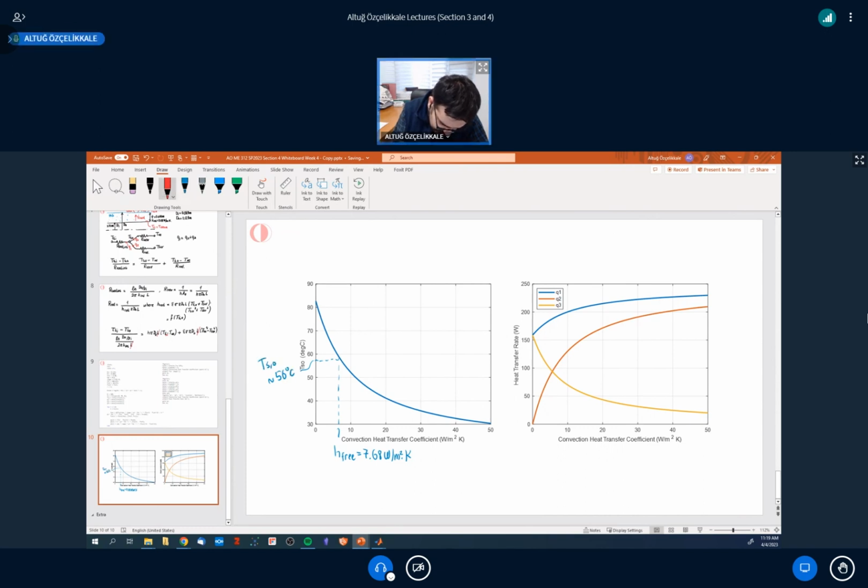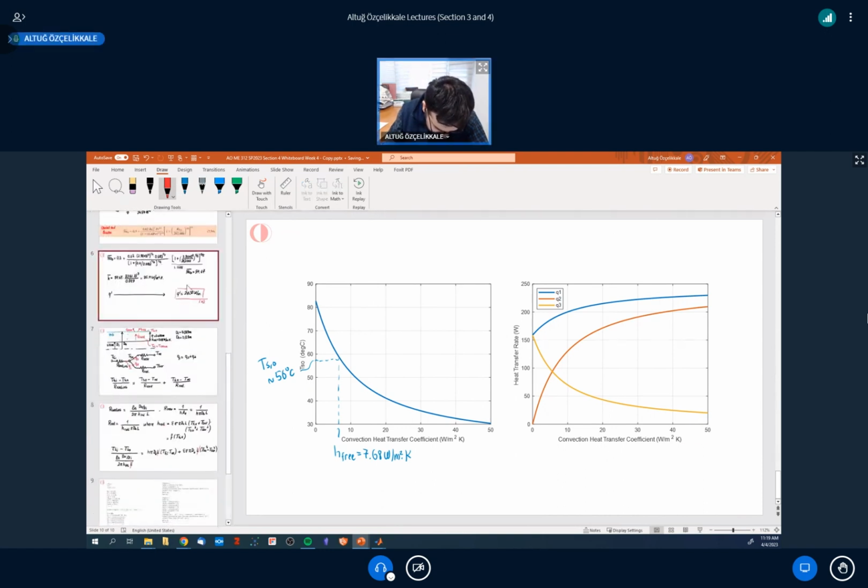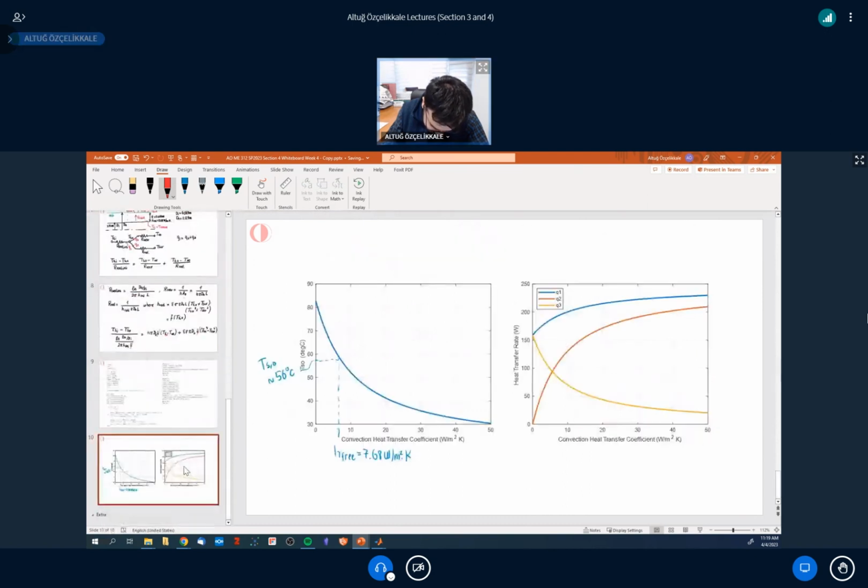Yes, so for forced convection, we had an H value of approximately 35.7. Somewhere like that. And what we are obtaining over here is TSO approximately 34 degrees Celsius. These are accurate up to 2 significant figures. I didn't go into details of obtaining them more precisely.